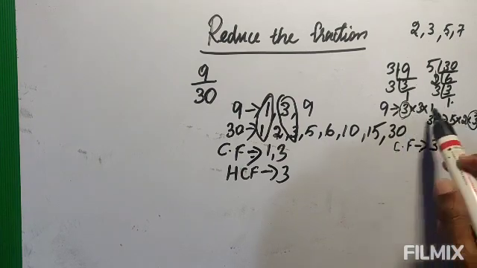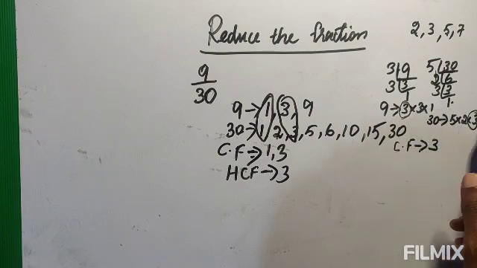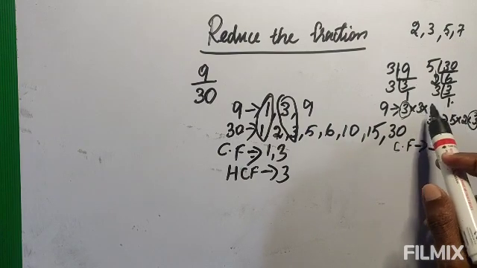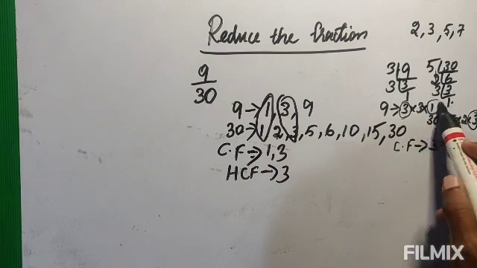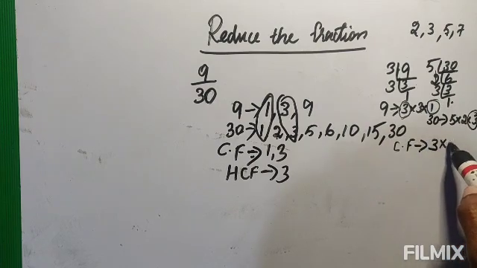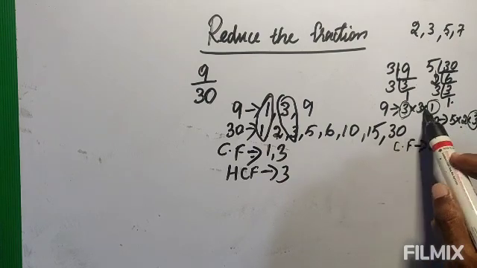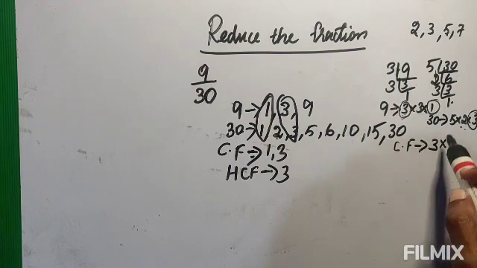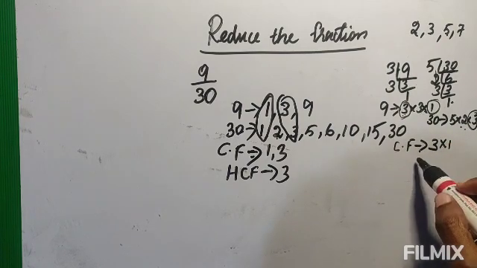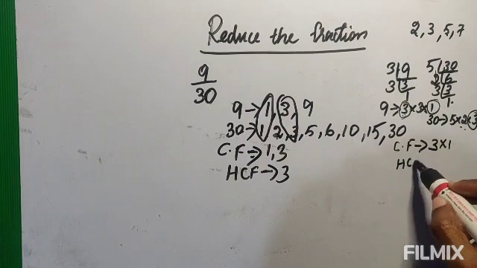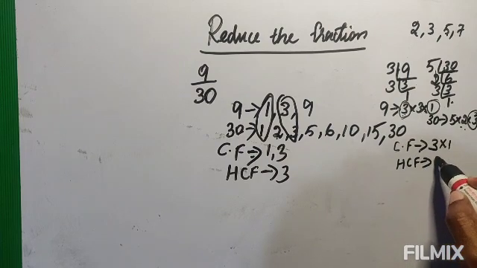Only one pair is there, the other 3 doesn't have a pair here, so you cannot write it. Again 1 is common, so you will write 3 into 1. Now 5 has no pair here and 2 also has no pair, so these you cannot write. Only those having a pair, that only you will write. Now you have to multiply and write, that is the HCF. So HCF equals 3 1s are 3.